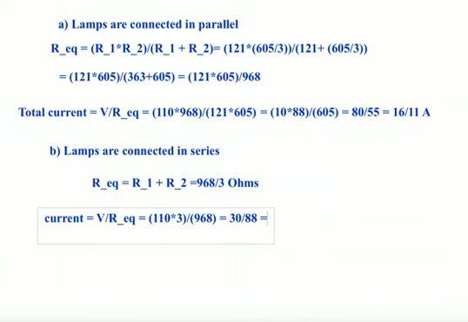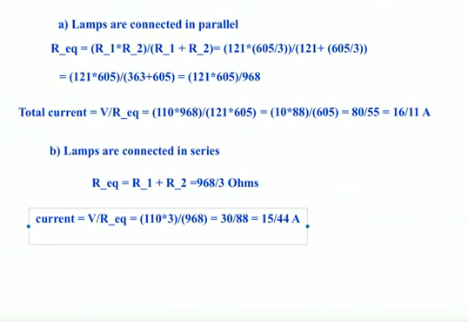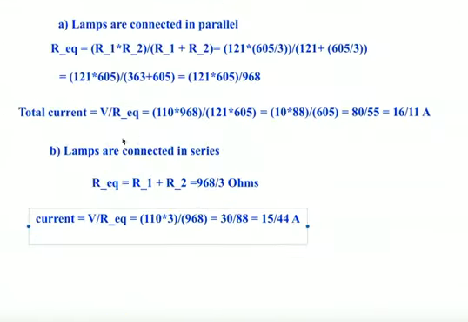So 15 upon 44 ampere. So this is the total current. You got the point. He asked only for the current drawn from the source, so the total current is what they asked. These two are sufficient.